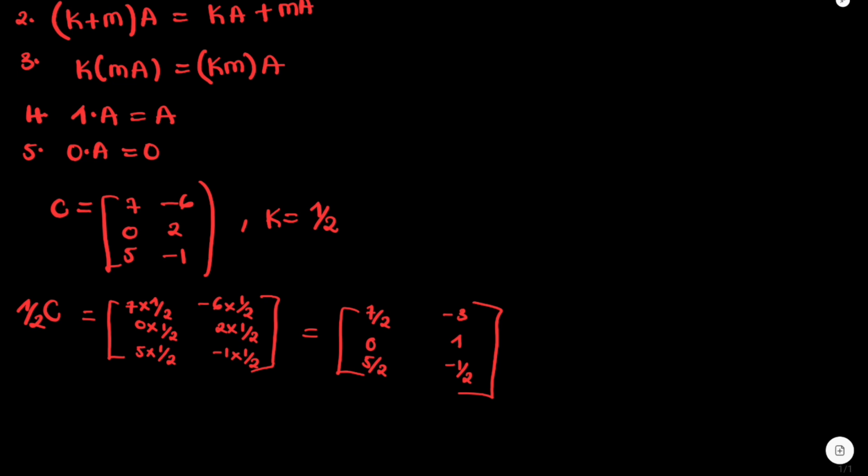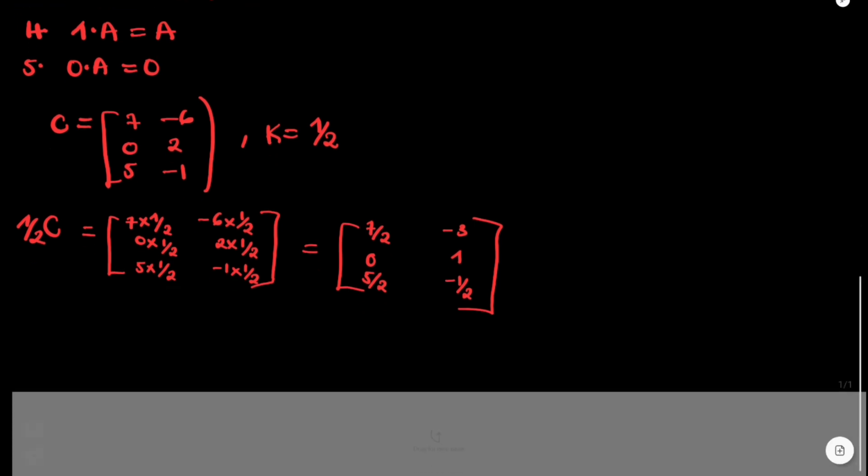It's very simple, very short, and very straight to the point. That is it for scalar multiplication. It is just multiplying a matrix by a particular number. You multiply every element in the matrix by the scalar which has been given to you.